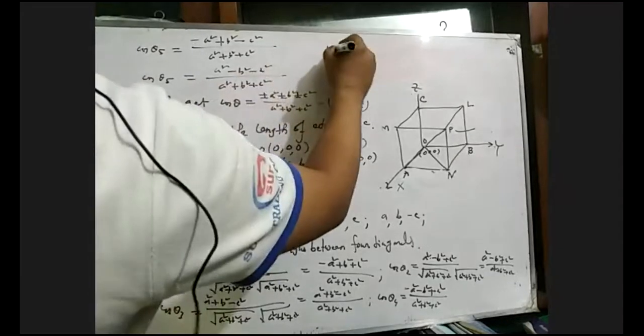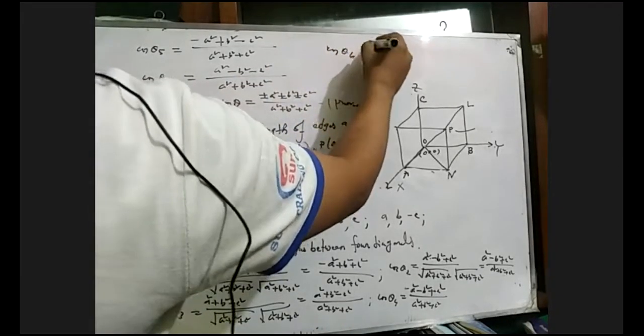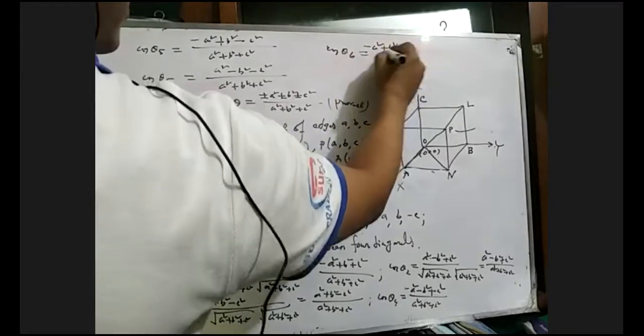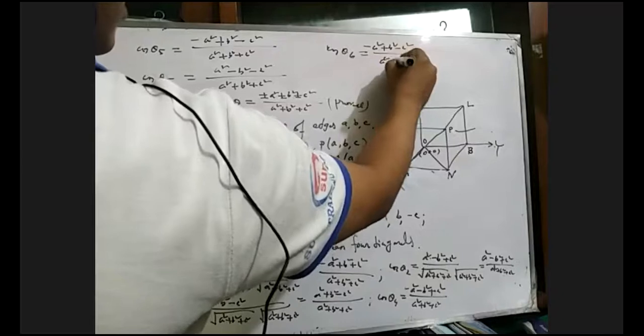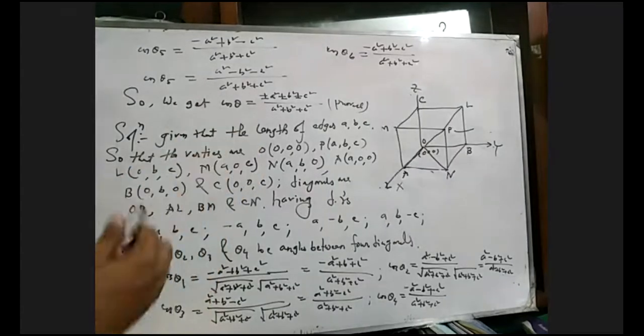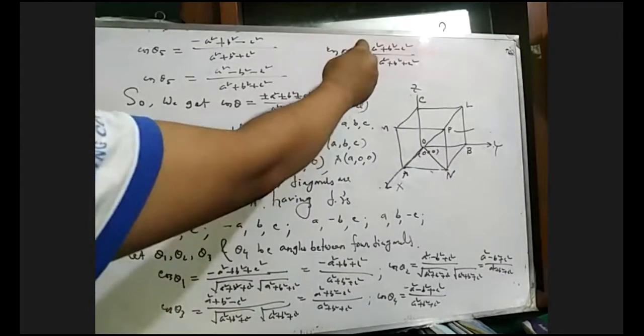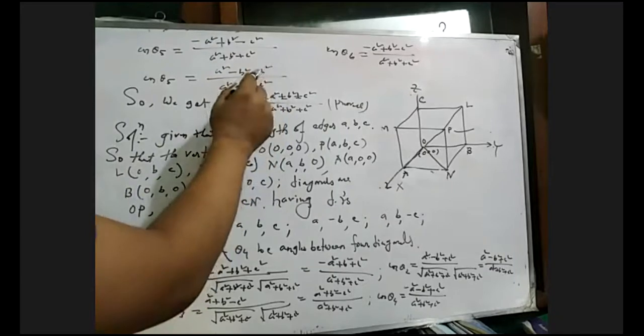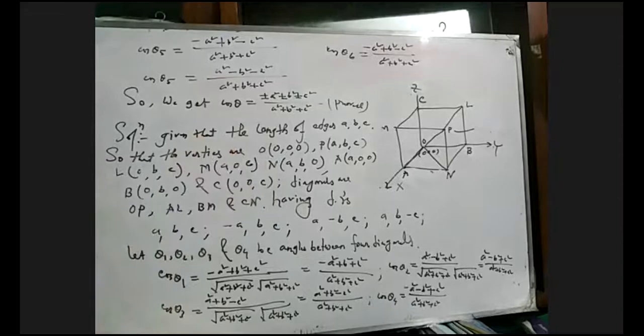And cos theta 6 can be written as ca minus a square minus c square. So combining all these angles, we get cos theta equals this one: minus a square plus a square plus minus a square, minus b square plus b square minus b square plus minus b square, minus c square plus c square plus minus c square. But the denominator is the same in all cases of angles.